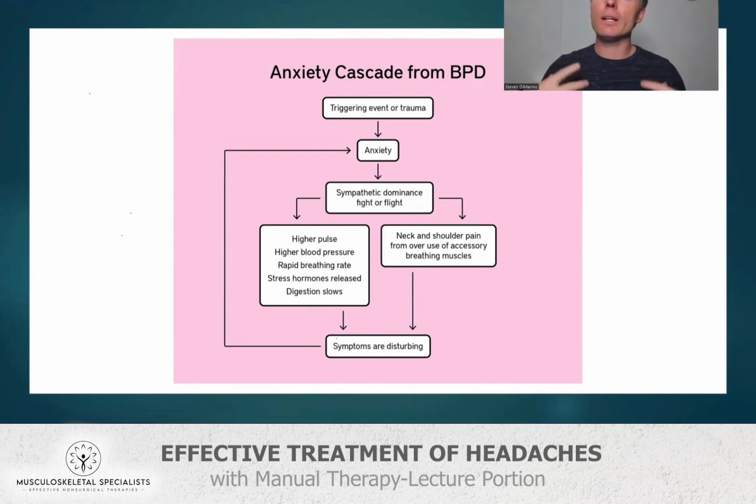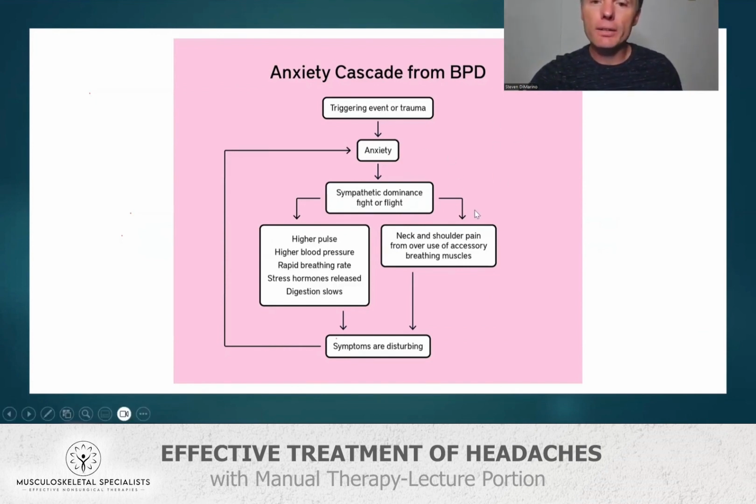Now, when you're in fight or flight, you're using your accessory muscles to breathe, and now you start into a breathing pattern disorder if it's chronic anxiety, or you're in a relationship where you just can't stand this person. Now you're getting a breathing pattern disorder because it's not going away. You haven't resolved the actual problem, which is your relationship, right? So it's better to be honest and live truthfully, and start eliminating things that don't give you joy. You've got to eliminate things in your life that don't give you joy.